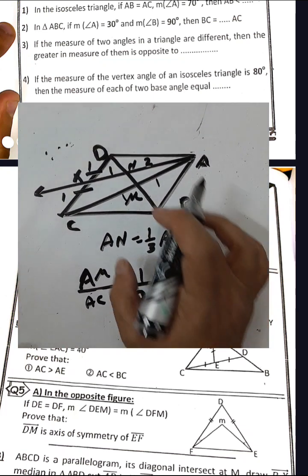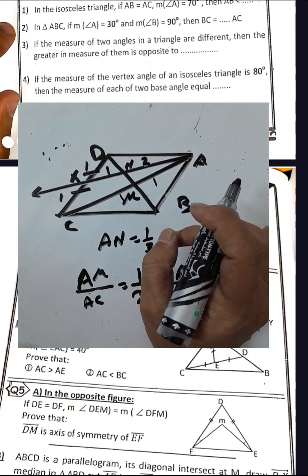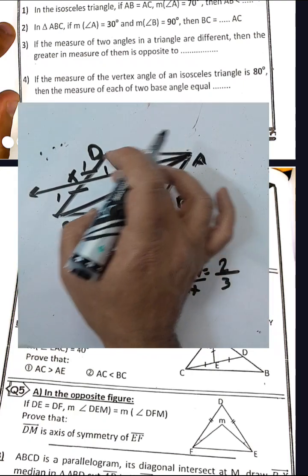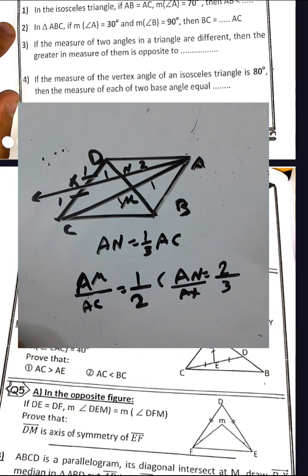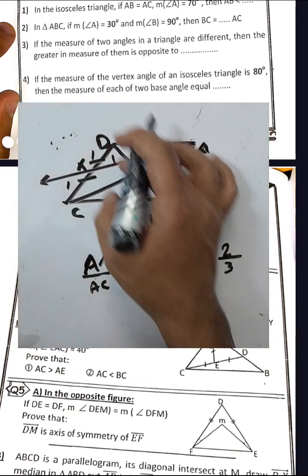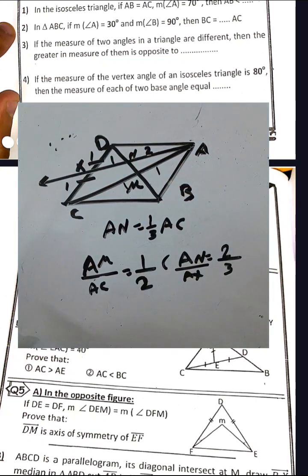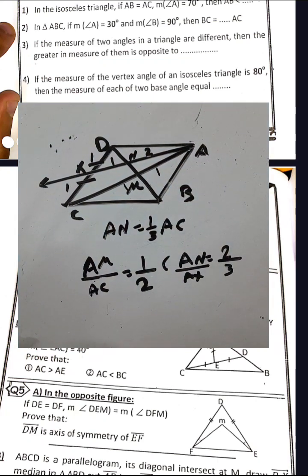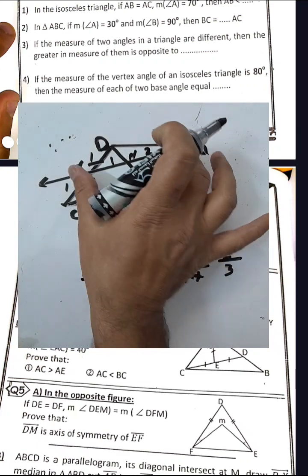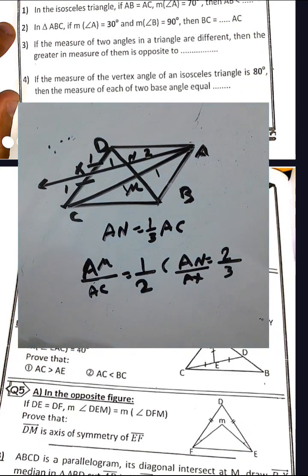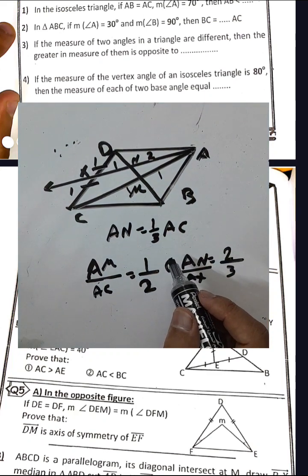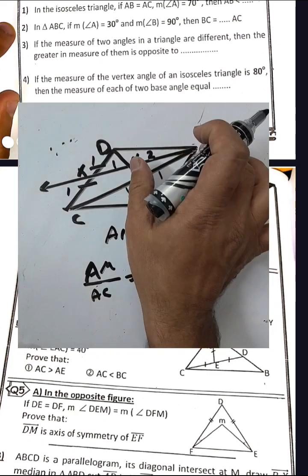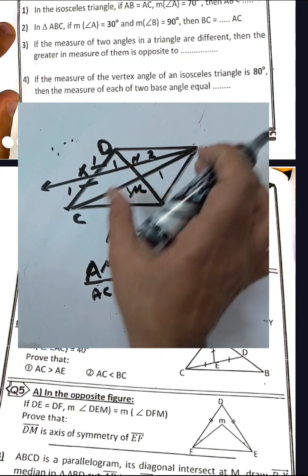It will be parts equal here, 1 and 1, and 2 and 1. Okay, and the base equal here, 1 and 1, and this 1 and 1. I will write the relation between AN and AC.